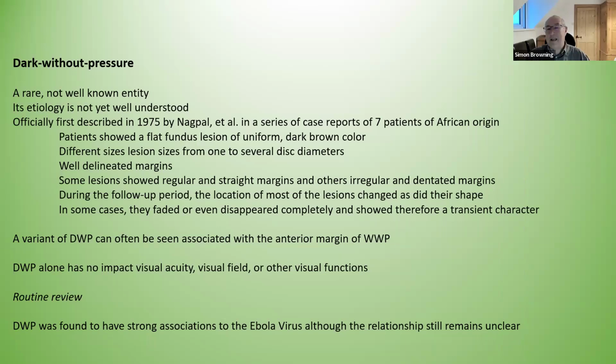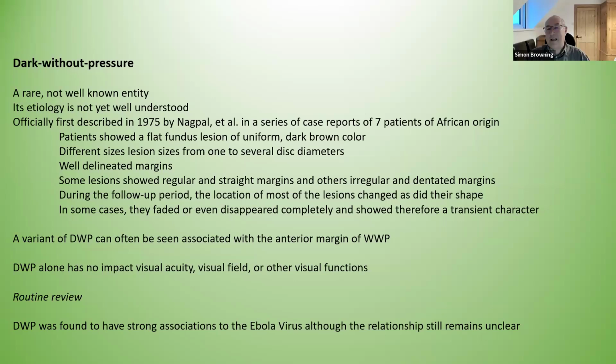Some are very regular in shape, some are very irregular in shape. But the characteristic of these is that there's nothing we can really do with them. We don't know what they are, what's causing them. But if you follow these patients up, that dark without pressure will often change in shape and size and may actually disappear completely.